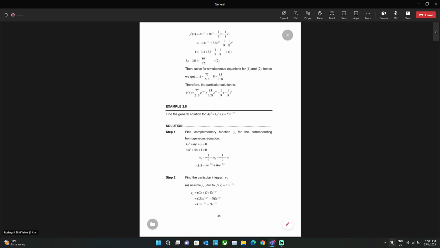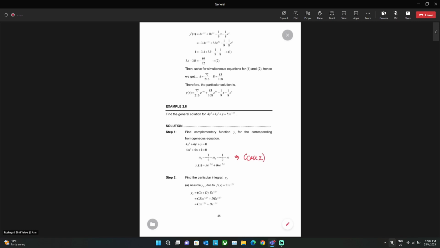Solution, for the first step, yc for the homogeneous equation, so you need to change your fx equal to 0 instead of 5x here. Now in this case you have the same root, which is negative half. So this is case number 2, the second case.